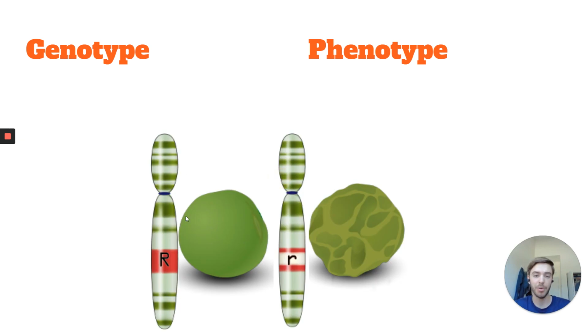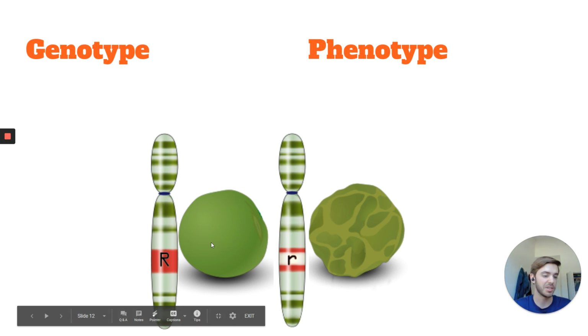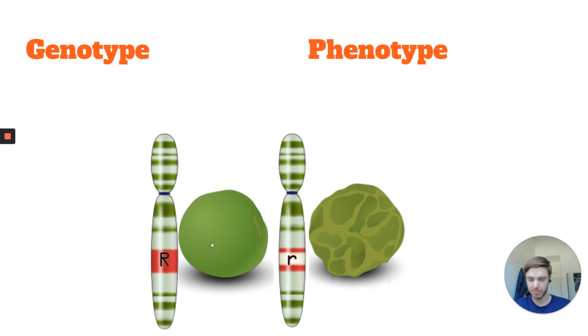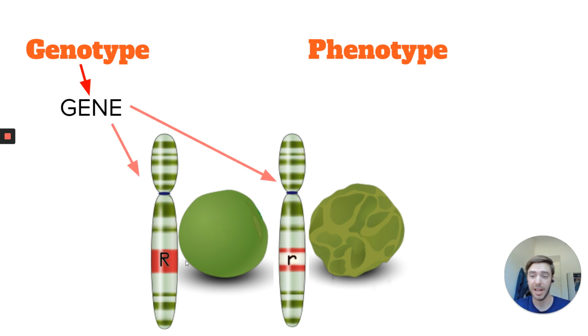You can use lots of examples for this. An easy example that we like to use is, let's say we have a seed, some kind of vegetable seed. This vegetable seed has DNA, just like you and me. Now, in that DNA, those genes will tell the seed whether it is going to have a smooth outer layer or a wrinkled outer layer. So this one on the left has a smooth outer layer.